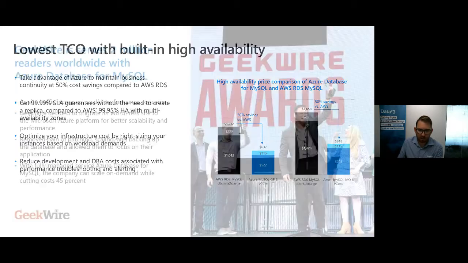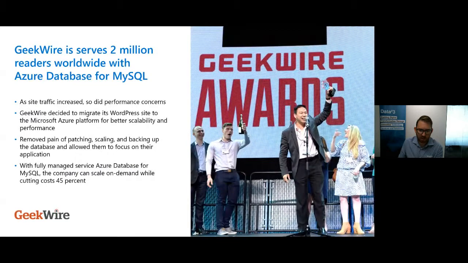And finally, to wrap up this little bit here, this is another case study, and we're going to post a link to this in the chat window. GeekWire is a media technology company based in Seattle, Washington, and they had big growth in their readership and subscriptions, and they needed to scale their WordPress site.